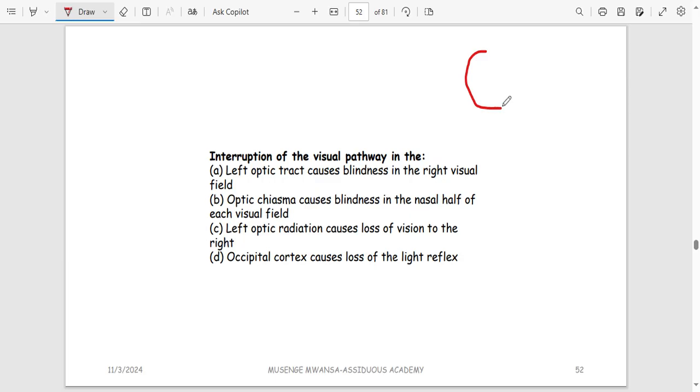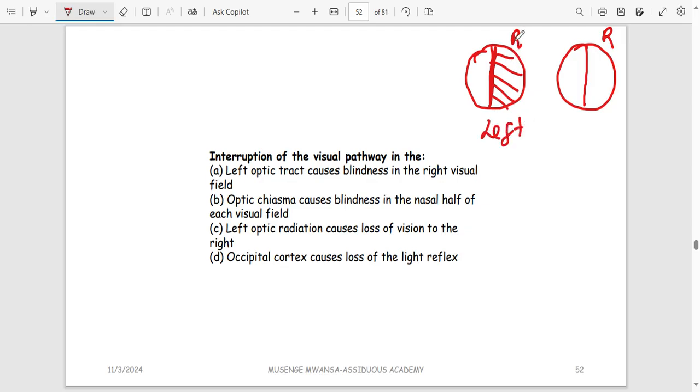I see. It's supposed to be the right half. This is the right half of the left visual field, and this is also the right half of the other. But that is still the same because for each visual field, like this is the left visual field, it has got the right part and the left part.